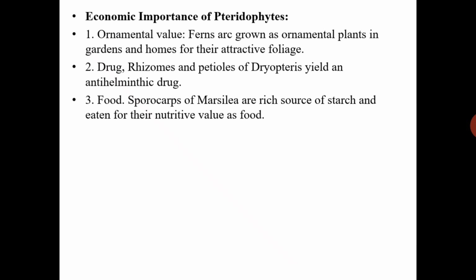Drug: rhizome and petioles of Dryopteris yield an anthelmintic drug. Next, food. Sporocarps of Marsilea are a rich source of starch and are eaten for their nutritive value as food. In Marsilea, the sporocarp is eaten as food because it is rich in starch. So these are the economic importance of pteridophytes.